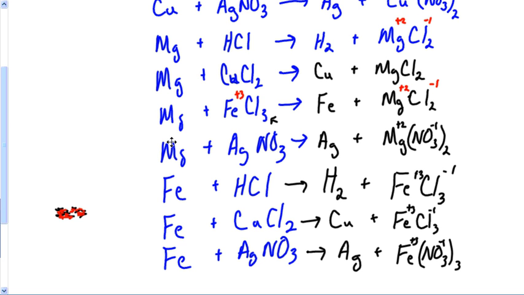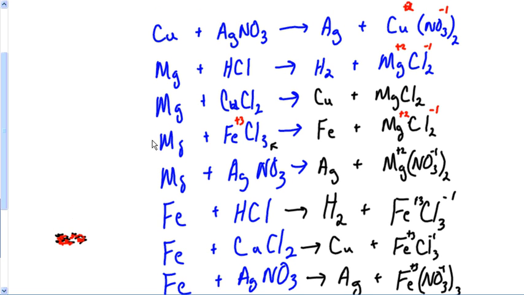And now, these are the equations you should have listed. But now I'm going to go ahead and do something. If you can remember how to balance these equations, I'll let you have a little bonus points. If you've forgotten, go back and watch a video on balancing.